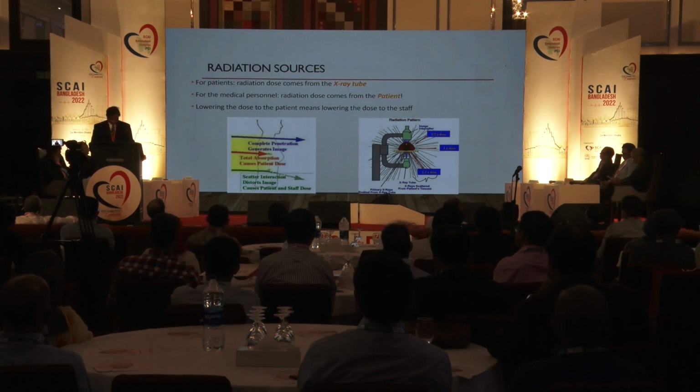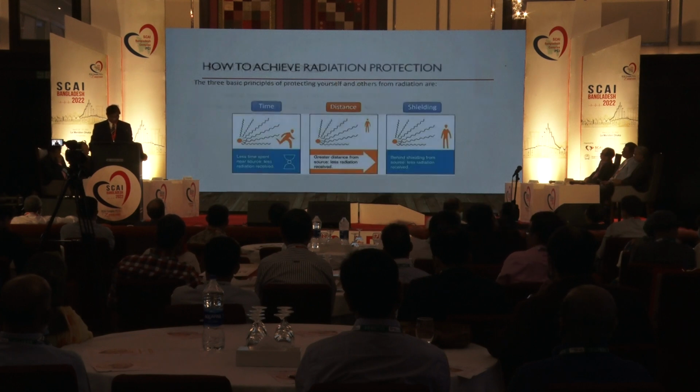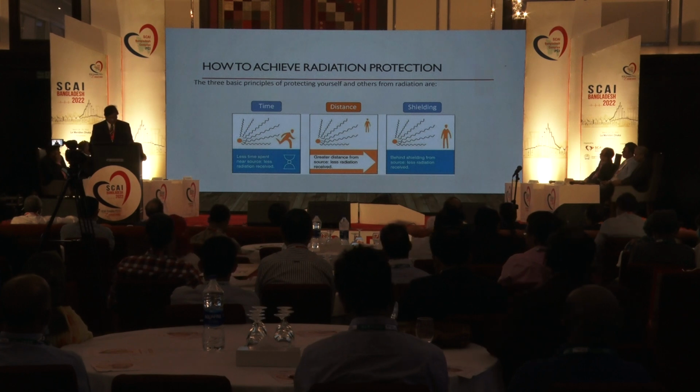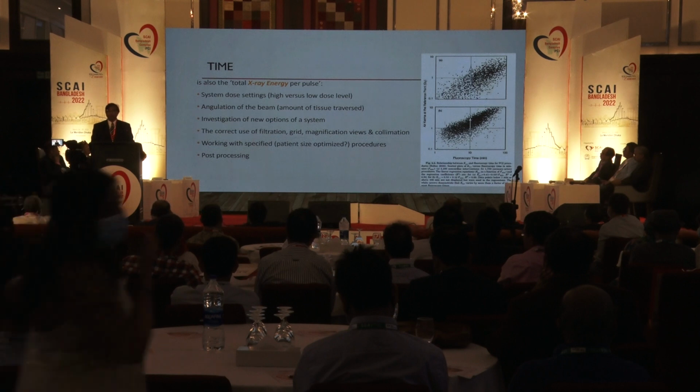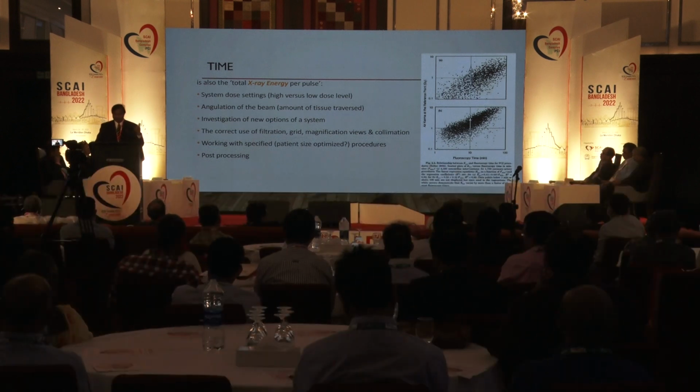And then with the patient, with the imaging, with the body weight of the patient, there is an automatic trigger so the dose can escalate. And for us, we protect ourselves with time, distance, and shielding, but a few practical points. Time: how much time do we do the fluoro? Frame rate: if you're doing 15 frames per second versus 7.5, 7.5 will obviously give you less radiation, but you get used to the images as we do fluoro.